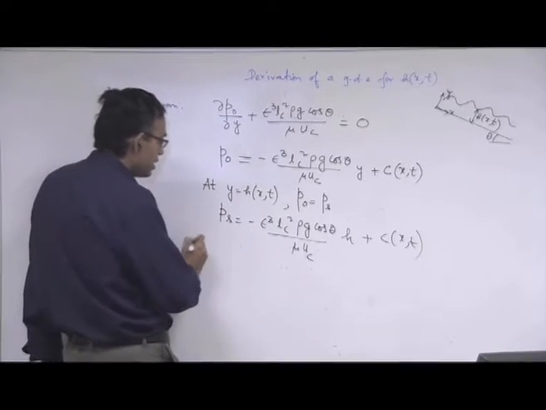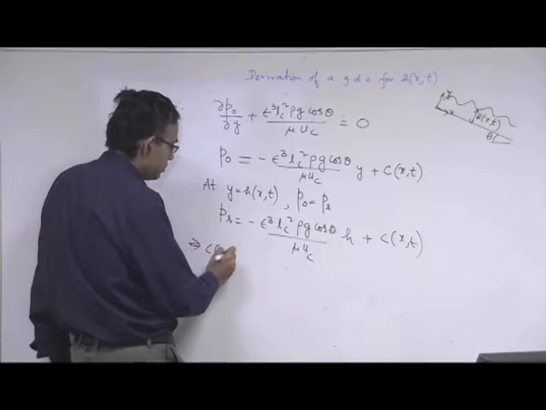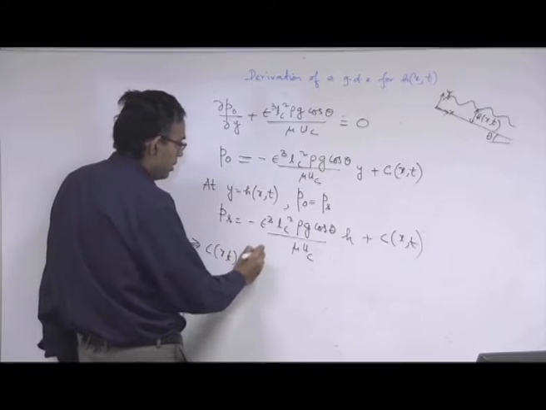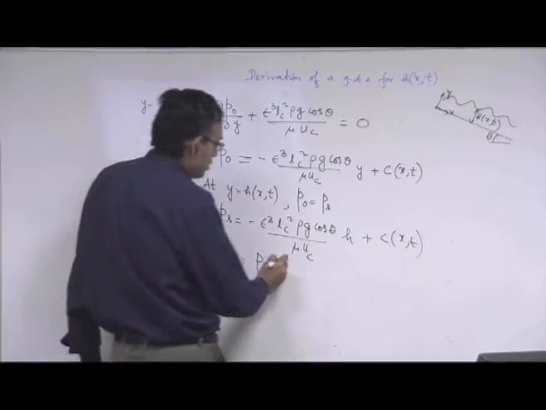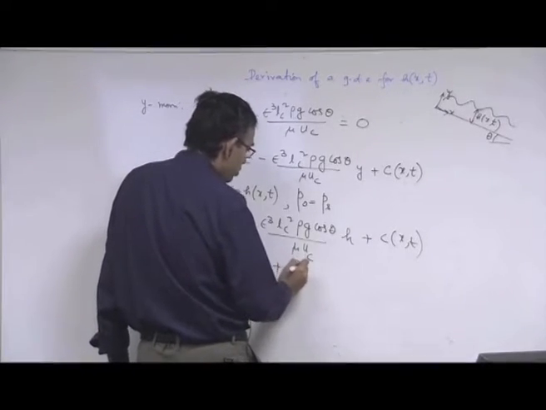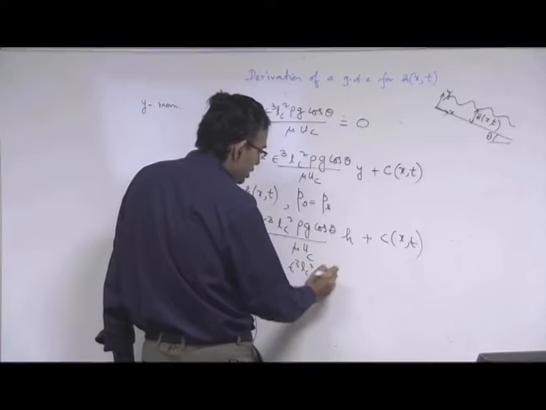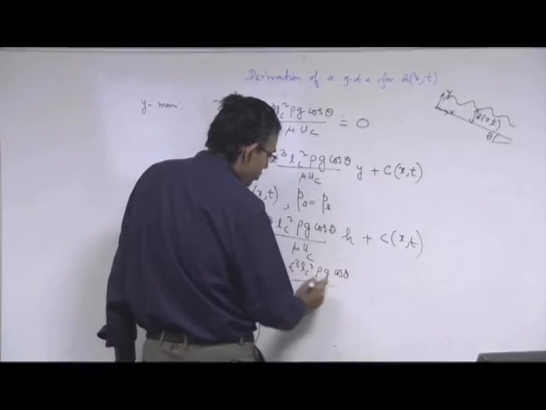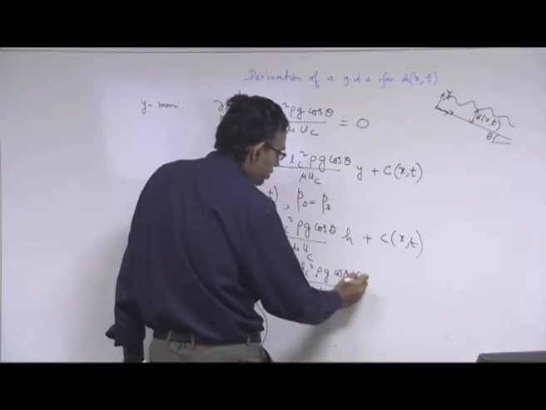So what is C of x and t? It is Ps plus epsilon cube LC square rho g cos theta by mu uc h.